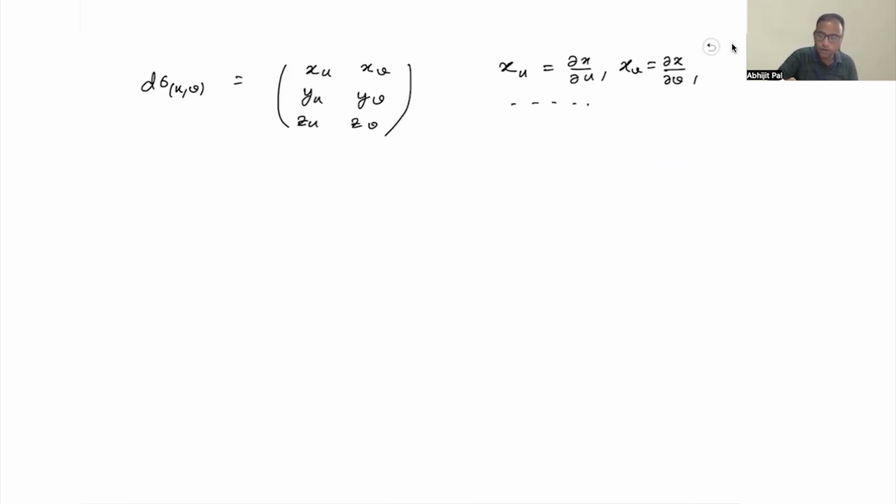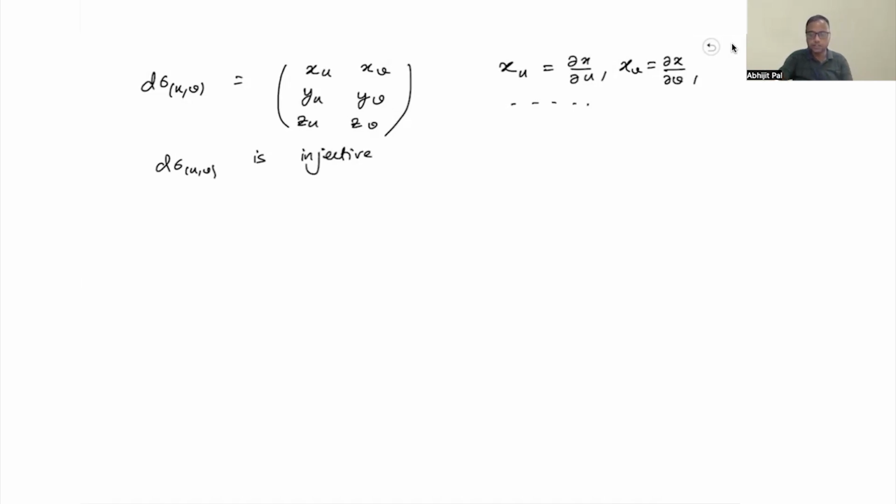Now this S is a regular surface. This means that Dσ at the point (u, v) is injective.